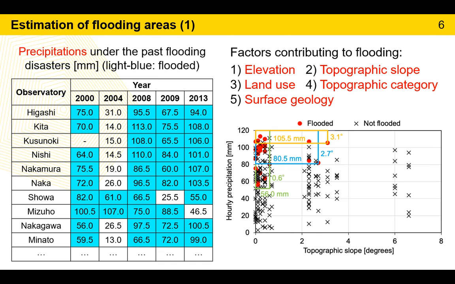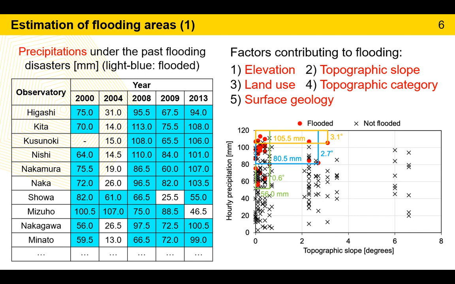The left table shows the precipitation under the past flooding disasters that occurred in the target area. These are the observation results. However, please note this is a part of the observation data we obtained.